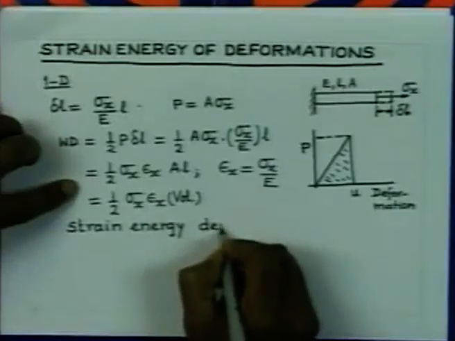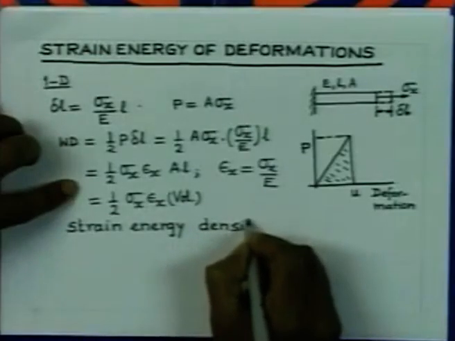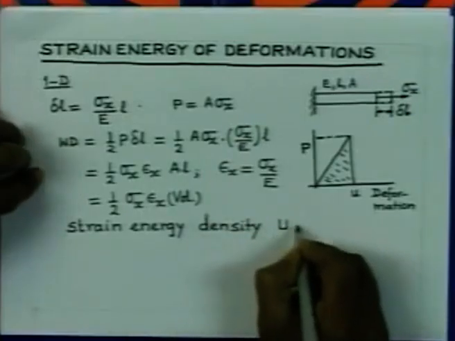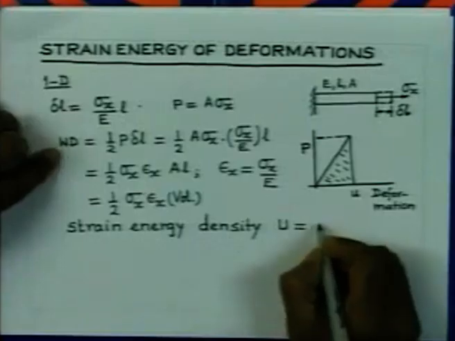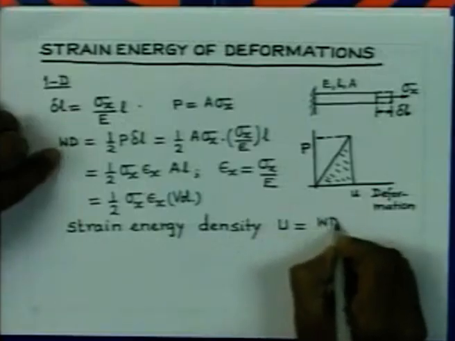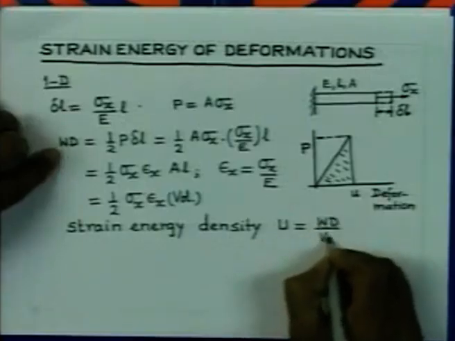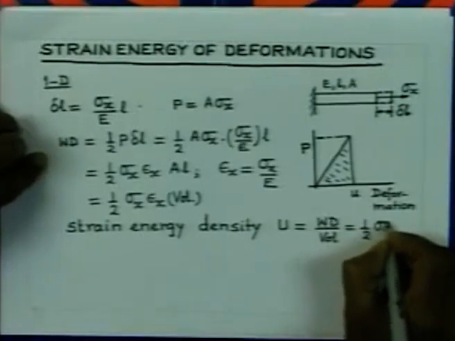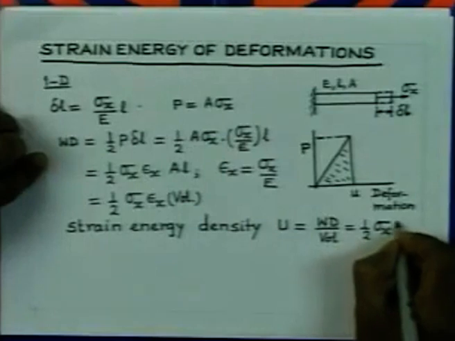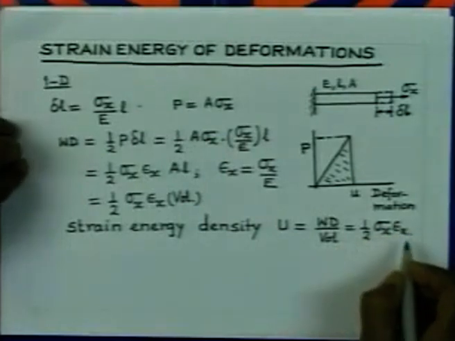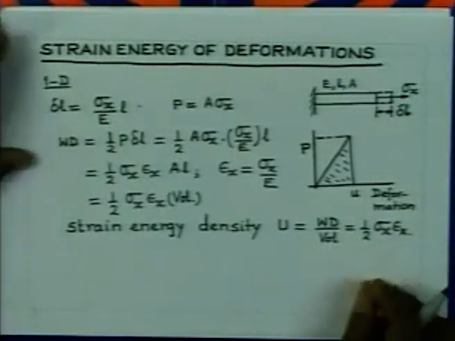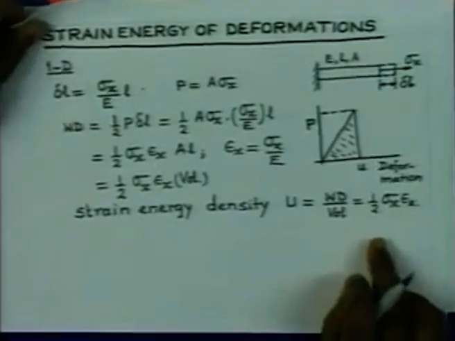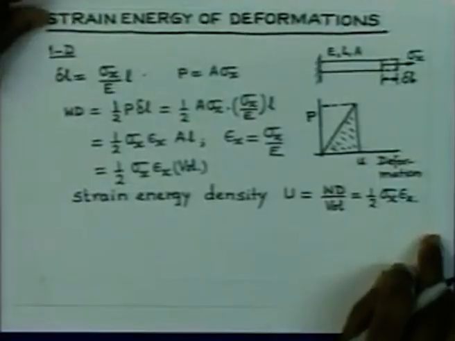That strain energy density we represent by the symbol U. It is going to be the work done by volume, and it is nothing but half into sigma x into epsilon x. So, in one dimension, the strain energy density is going to be half sigma x into epsilon x.